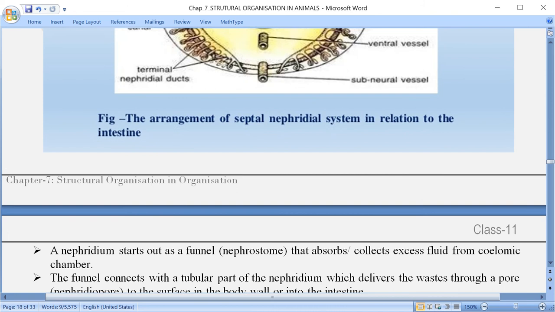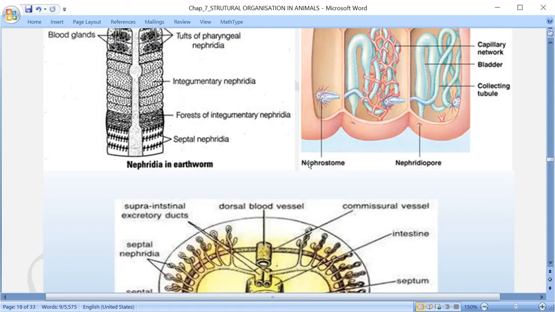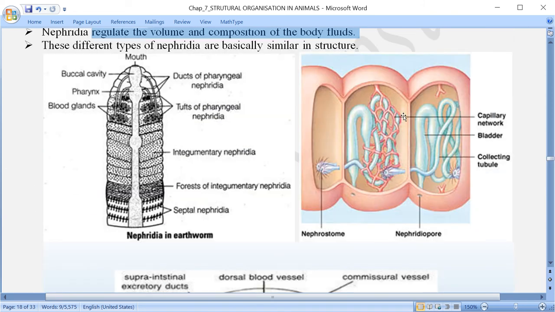अब एक बात और जरा समझना है, ये जो स्ट्रक्चर if you see over here very carefully in this figure, there is a structure over here that is called nephrostome, and then this is passing, it is a highly coiled structure and then opens outside on the skin surface or body surface. So this opening over here is called what? Nephridiopore.